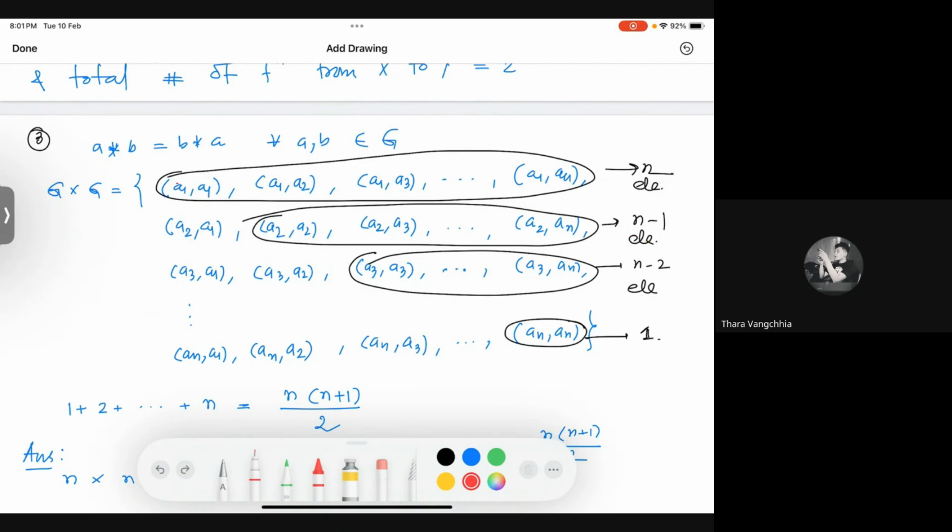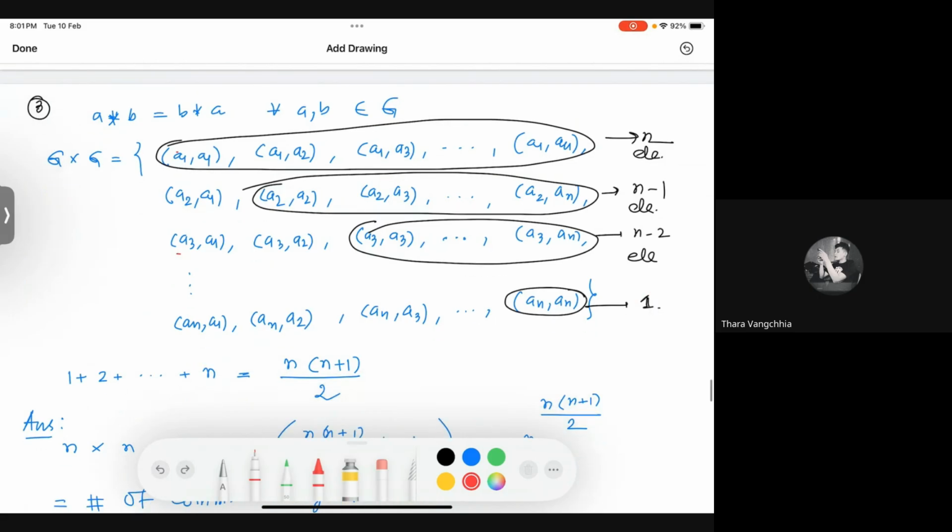Similarly, in the third row, I have no need to know the image of (A3, A1), because the image of (A3, A1) is equal to that of (A1, A3). Similarly, the image of (A3, A2) is equal to the image of (A2, A3), right? So I want to know the image of these n minus 2 elements. Similarly, in the last row, I want to know the image of only one element.